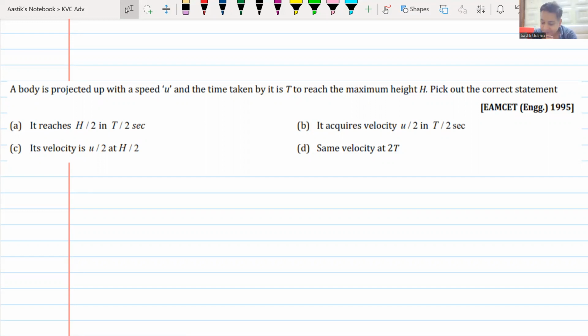What is the answer? I've done this question for a very particular reason, and I will discuss that reason with you, and I hope you remember that. First, tell me the answer for this one.